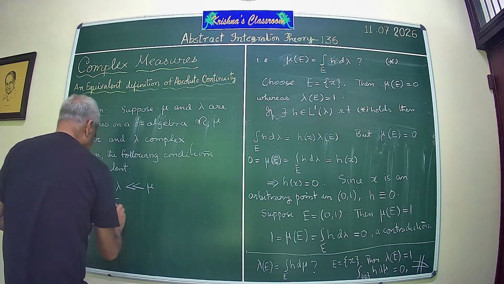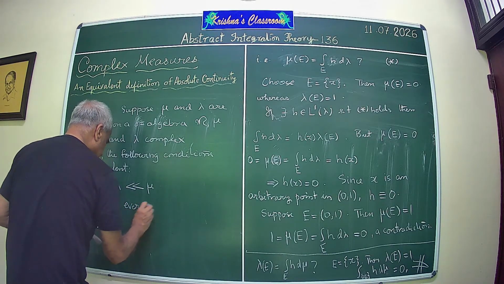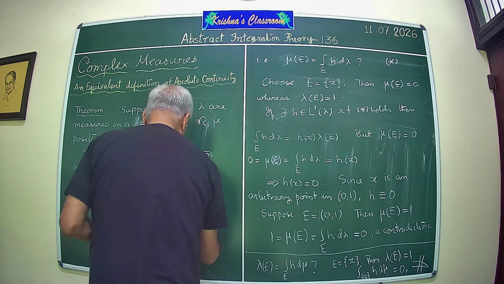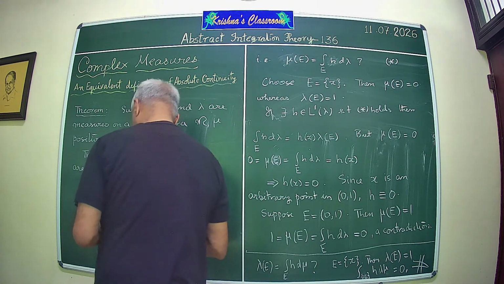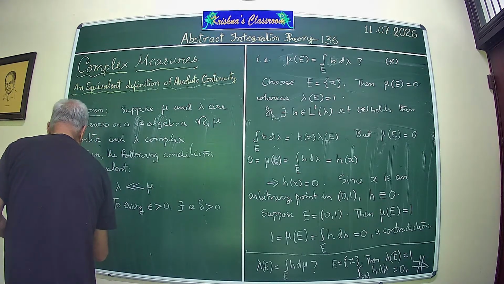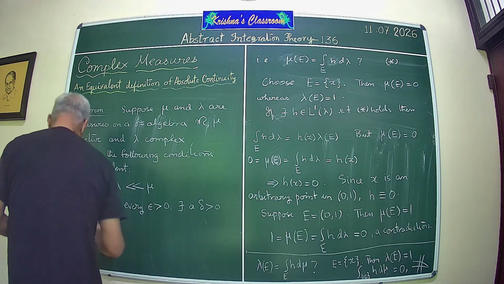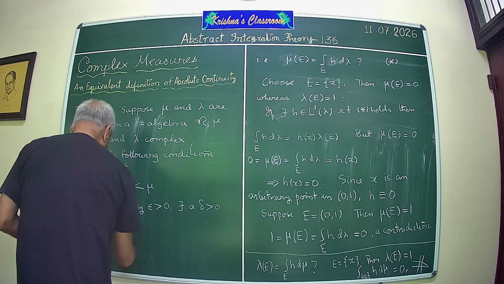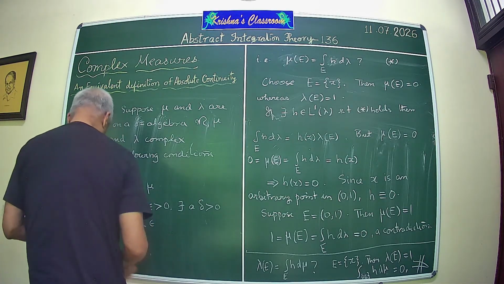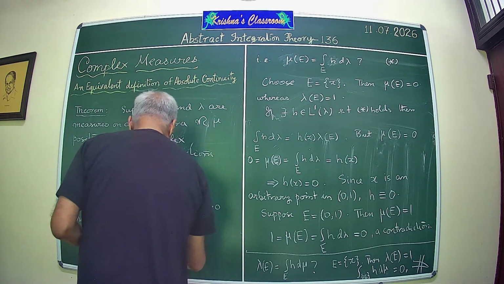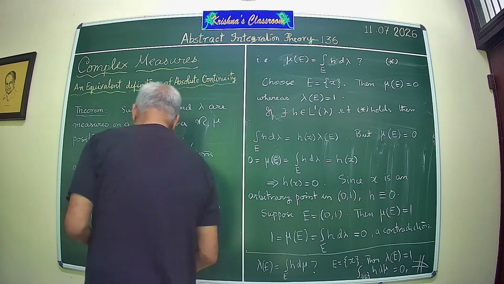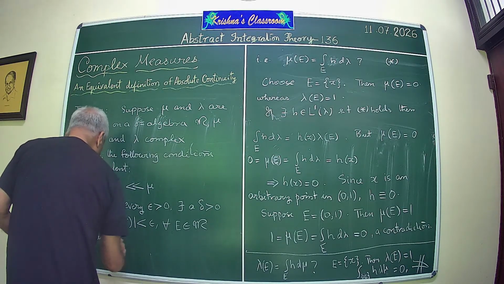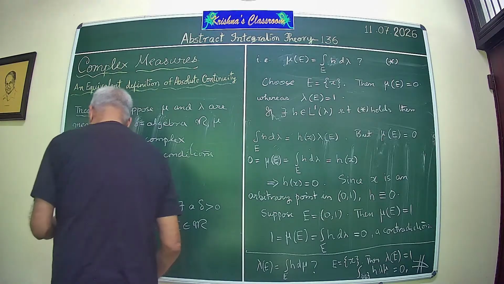B, to every epsilon positive, there exists a delta positive such that the absolute value of lambda E is less than epsilon for every E such that mu of E is less than delta.